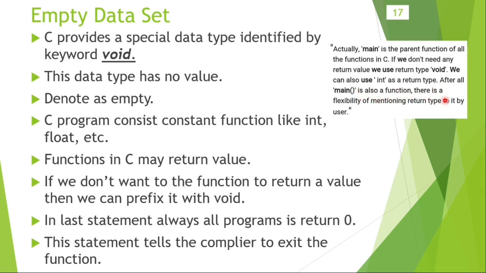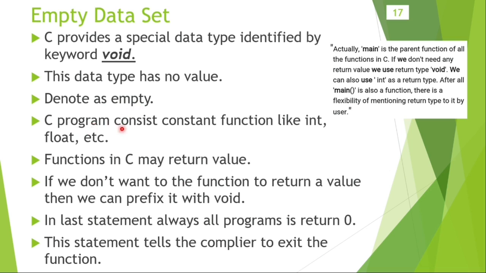There is flexibility of mentioning the return type by the user. If you do not define the value in a function, your data type is not confirmed, so you can write void. This data type has no value, simply denoting empty, right?